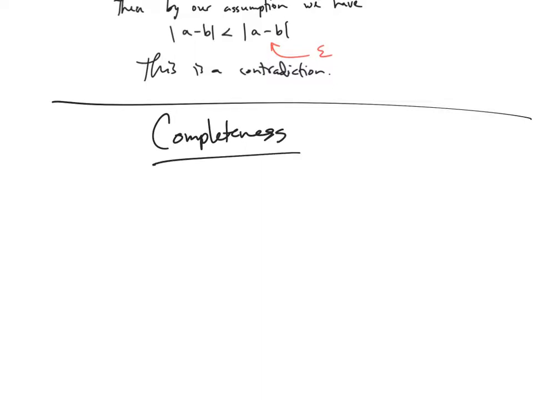I said that completeness is the important property which distinguishes the real numbers from the rational numbers. And I said informally, completeness means that the real numbers have no gaps.